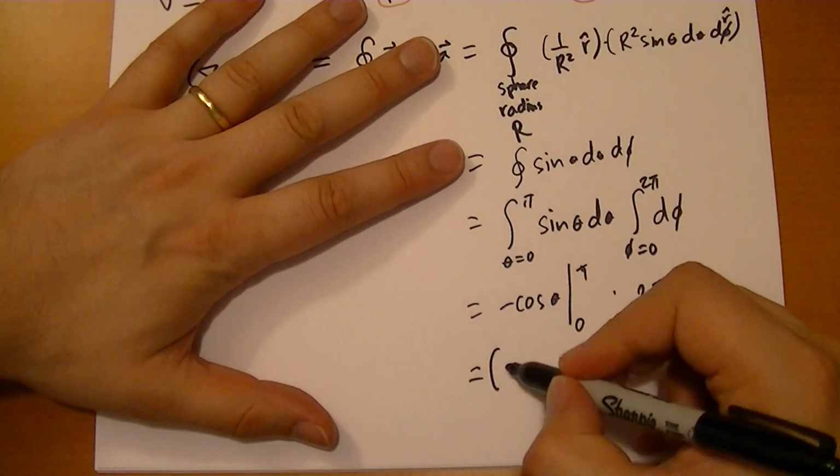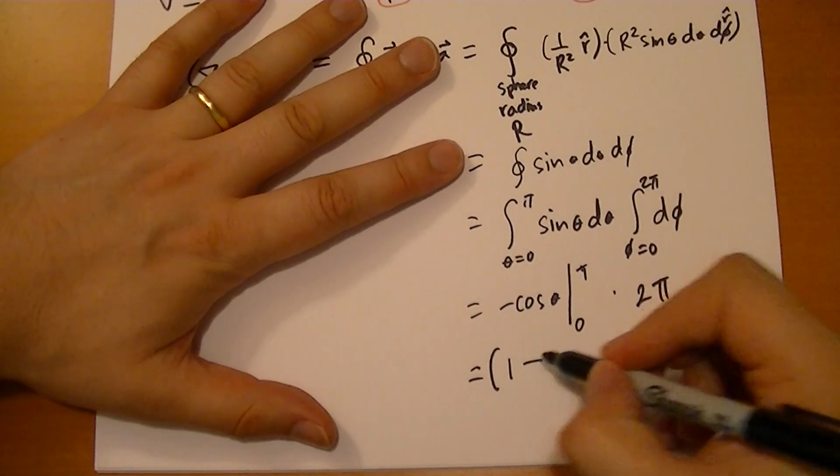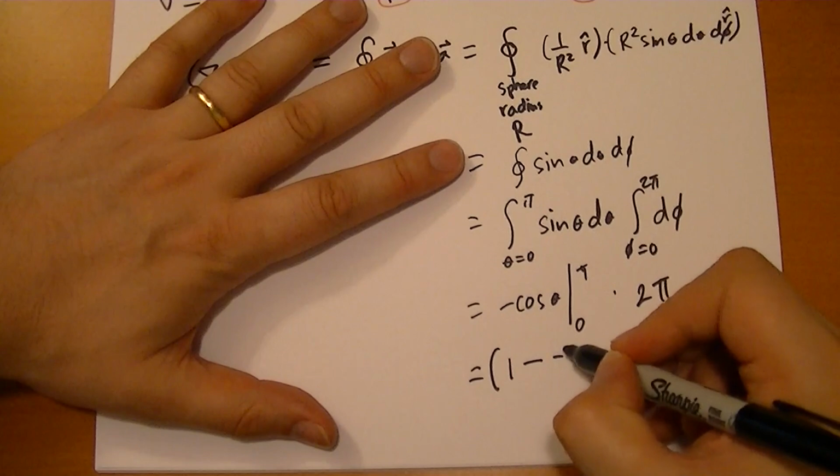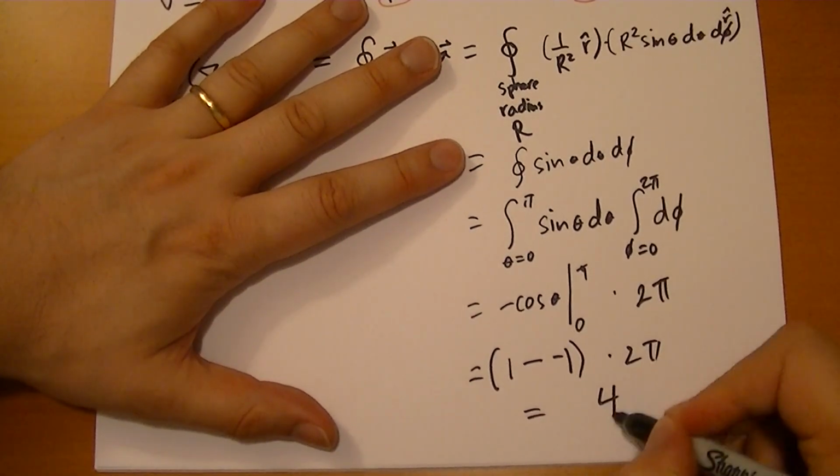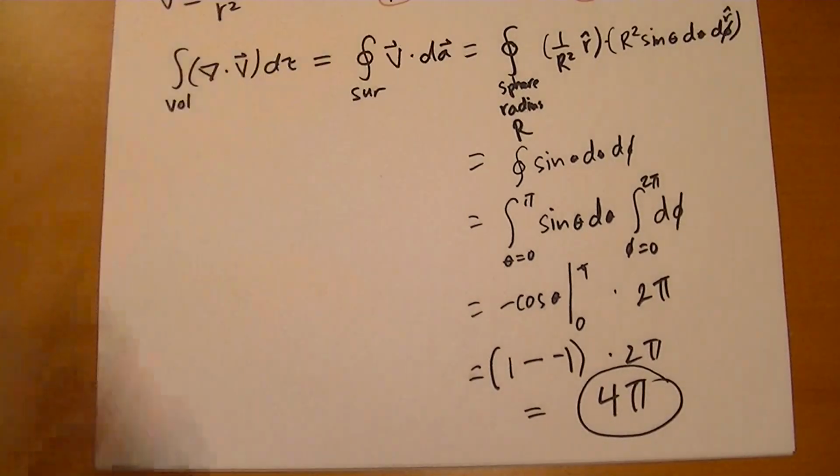Cosine of pi is negative 1, so we get 1 minus negative 1, which is 2, times 2 pi, we get 4 pi as the flux through the sphere of radius capital R.